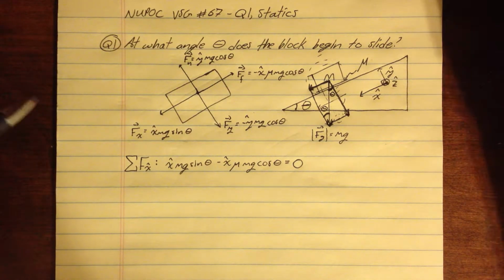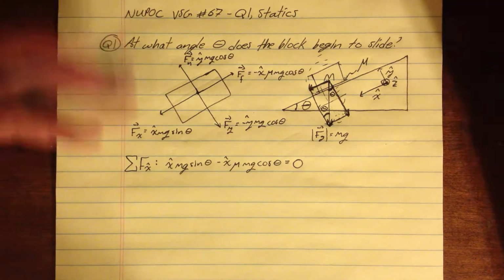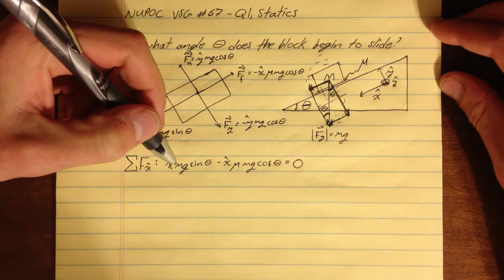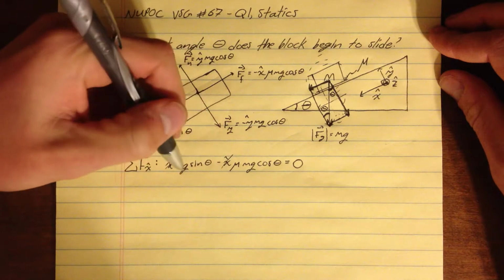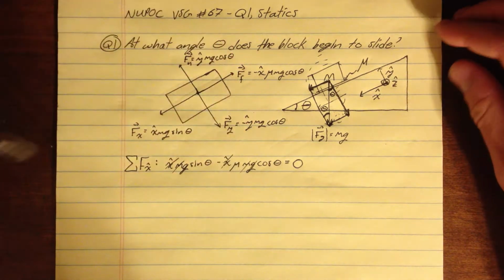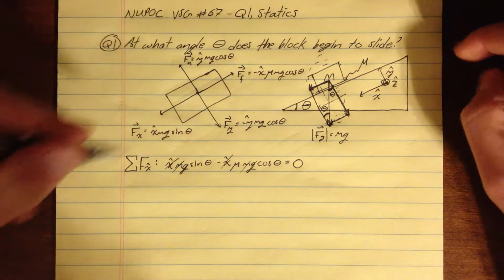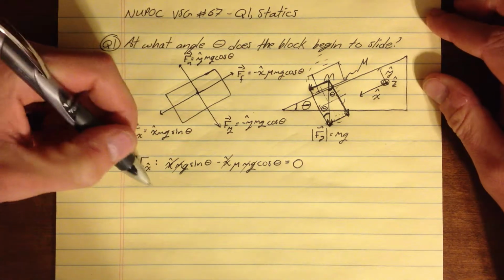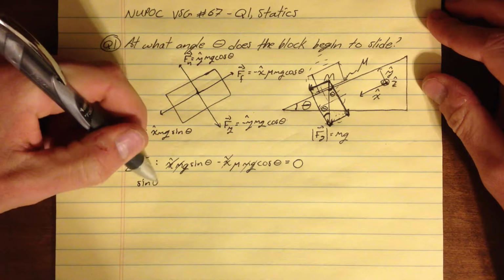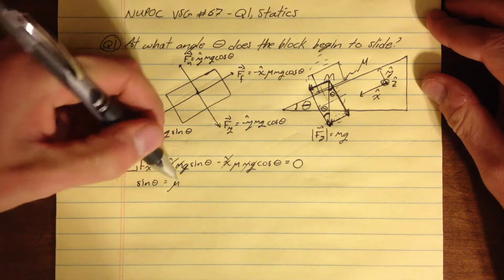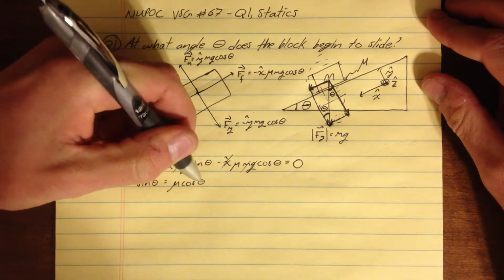Now we can cancel a bunch of things, which is really nice. We can divide both sides by x hat mg, which gets rid of an x hat, an m, and a g in both terms. We can then move our mu cosine theta to the other side, so we end up with sine theta equals mu cosine theta.